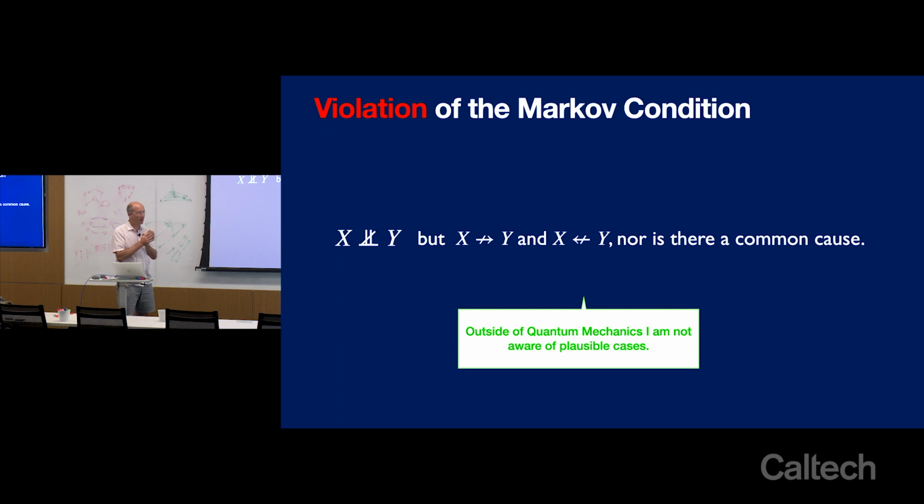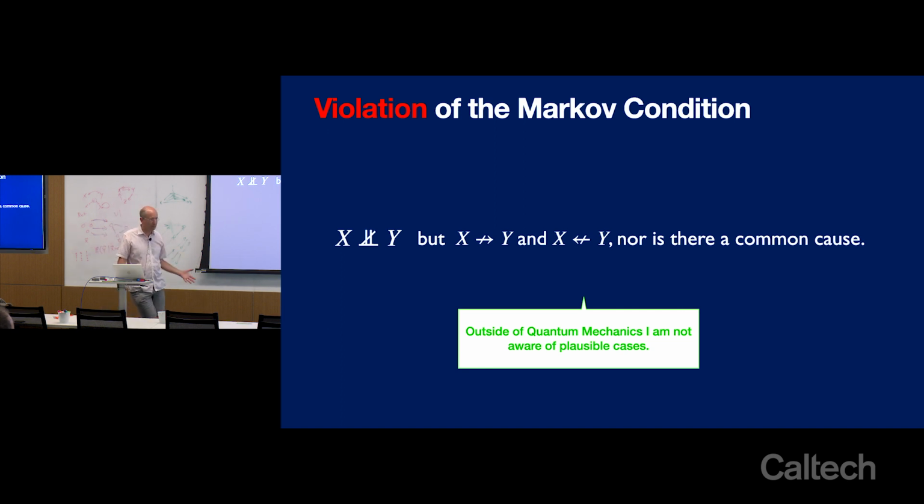I'm not aware of any case where we can plausibly say there's a violation of the Markov condition and it's not a violation of some other assumption like causal sufficiency or IID sampling, which then suggests that the Markov condition is really a fundamental part of how we think about causality in the first place.